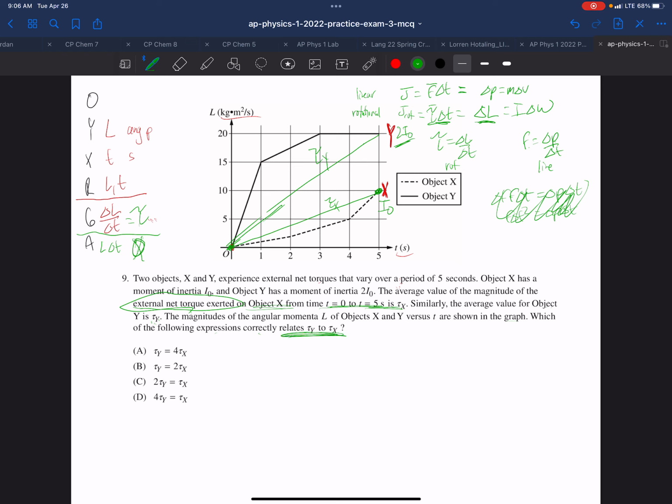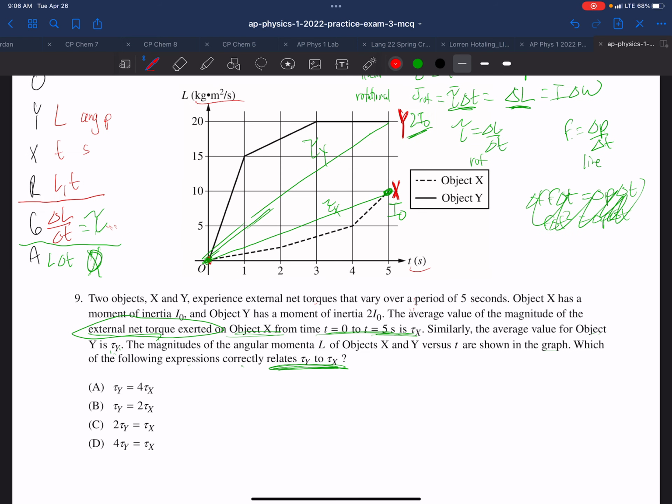Well, this is the torque on y, which has a slope, and we could calculate it. It actually has a slope of 20 over 5, which is 4. And for x it is 10 over 5, which is 2. So y is not 4 times x. Y is 2 times x.